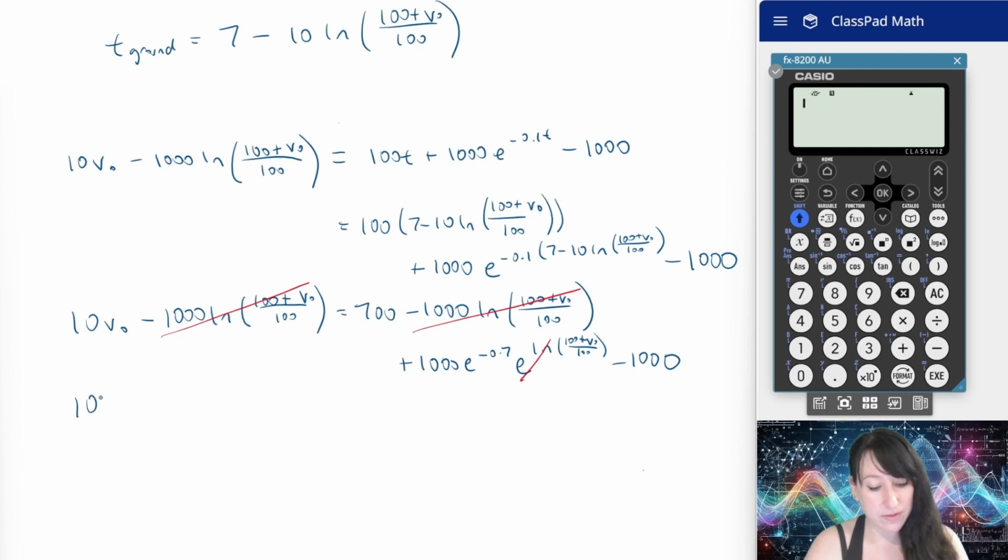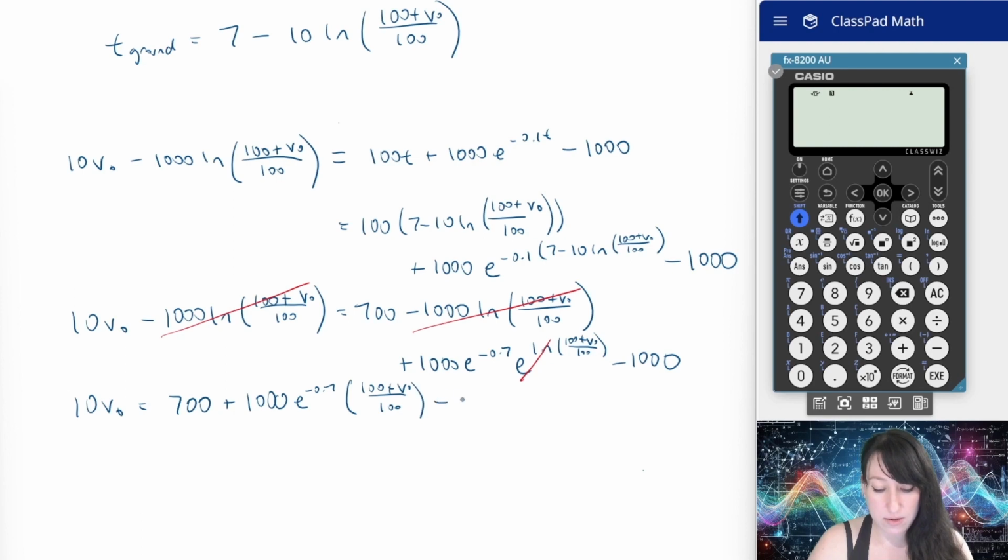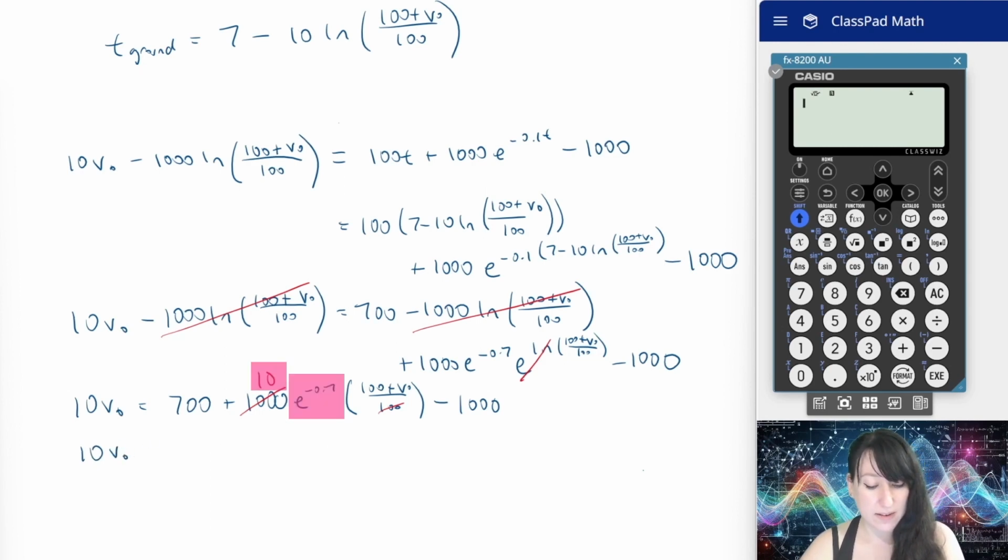So we'll have 10 V naught on one side, 700 plus 1000 e to the negative 0.7 times 100 plus V naught over 100 minus 1000. So this will simplify a little bit to 10. We can move the V naught term to the left-hand side. So we'll have the 10 V naught, and then we're going to subtract the 10 e to the negative 0.7 times the V naught.